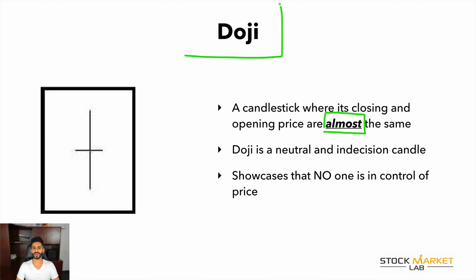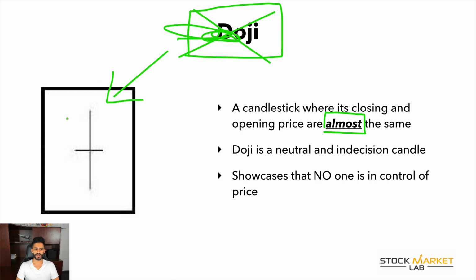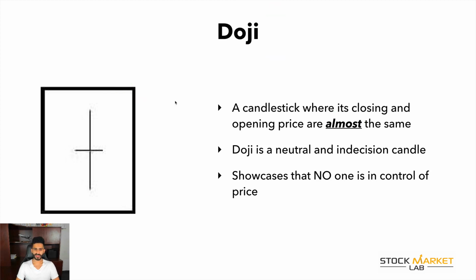Like I said, we don't care about the name. I don't want you to start trying to remember the name, because knowing the names is not going to help you. Just ignore the name and look at price action. If you see a candle like this, it means no one is in control. Why?